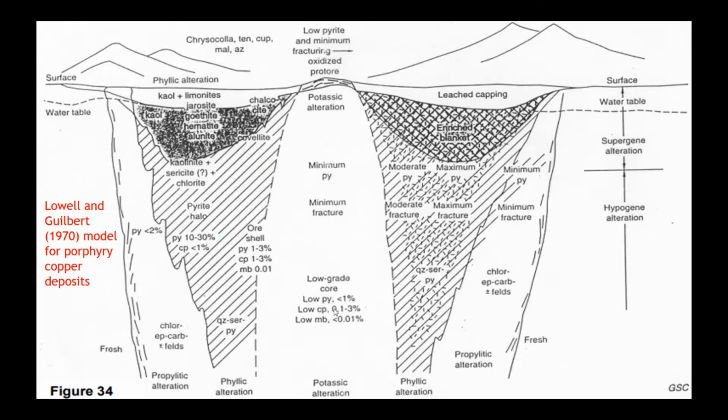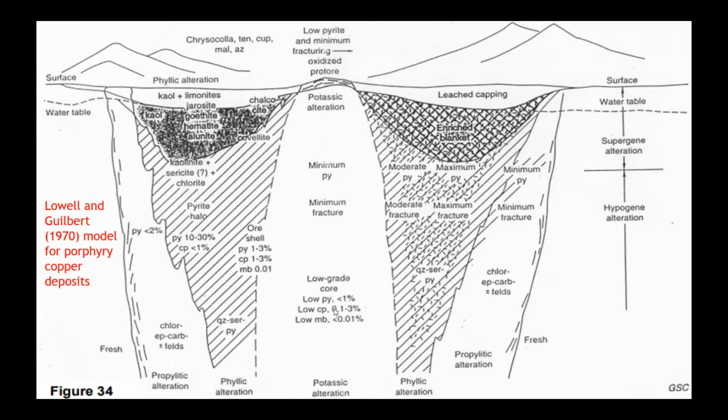However, there may be decomposition of the biotite and the feldspars in the potassic zone, the feldspars and chlorite in the propylitic zone, and the illite in the phyllic zone, which produces a supergene leached cap that is characterized by the assemblage of quartz, alunite, kaolinite, and gypsum. Now, this is not always easy to distinguish from the hypogene leached cap of the advanced argillic zone. So also using a field spectrometer to characterize those leached cap zones is going to be very important.